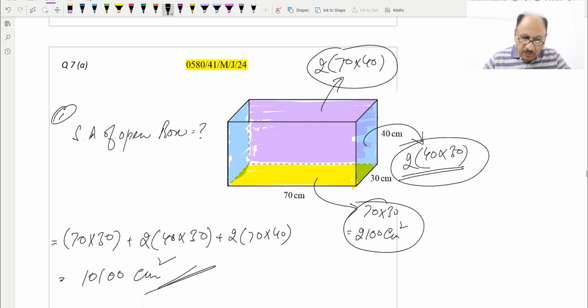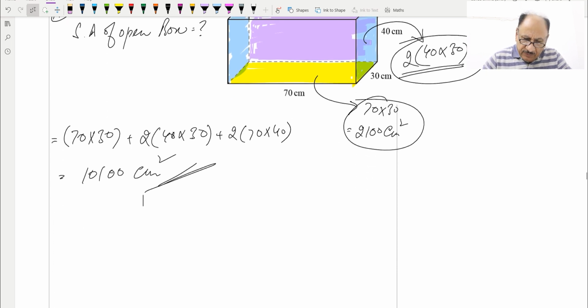This will be the answer at the proper place, and this is a 3 marks question. So 3 marks for this part. Hopefully you understood this.